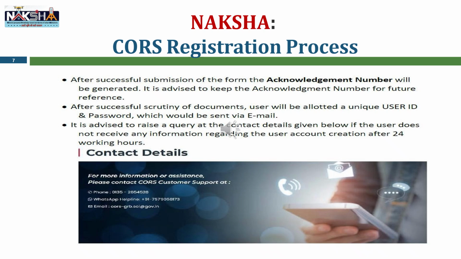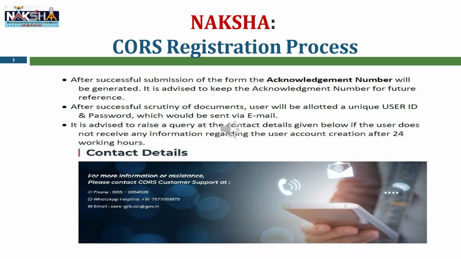After you have successfully submitted the registration form, here is what will happen next. Step 1. Acknowledgement number. Upon successful submission, an acknowledgement number will be generated on the screen. Please note this number and keep it safe for future reference. You will need it if you want to track the status of your application. Step 2. Document scrutiny. The Survey of India team will verify and scrutinize the documents you have uploaded. This may take some time. Step 3.